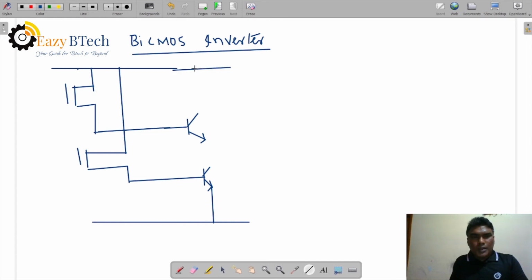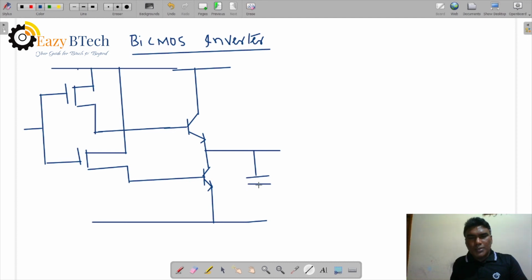Now this is connected to the supply. Then the common input voltage is given, and in between we take the output voltage across this load capacitance.